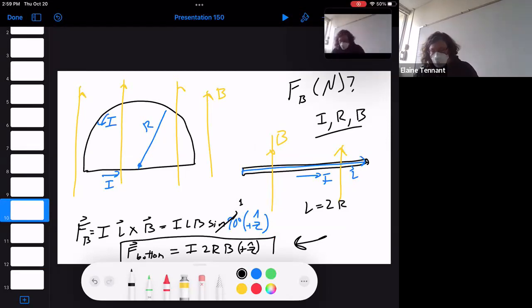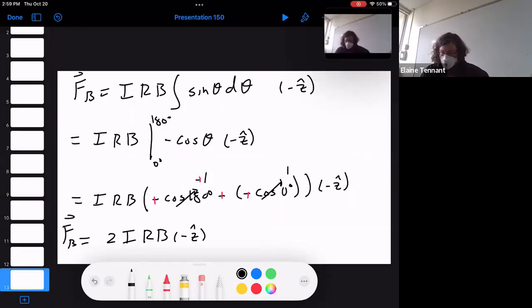So if I asked you for the net force on this thing, I've got plus 2 IRB on the bottom. I've got minus 2 IRB on the top. What is the net force on this loop of wire? It would just be 0.